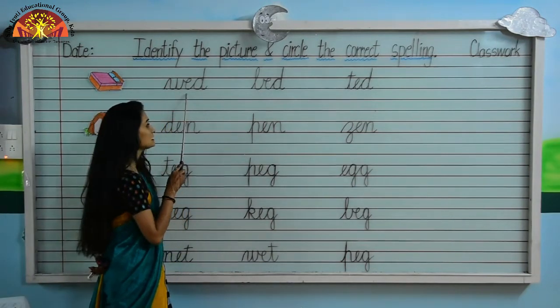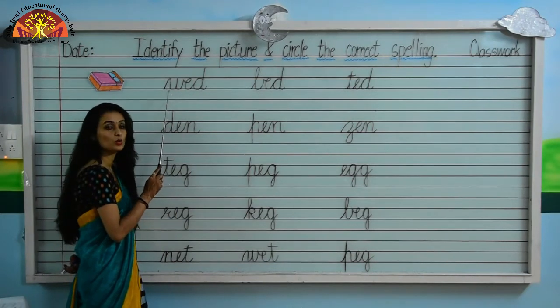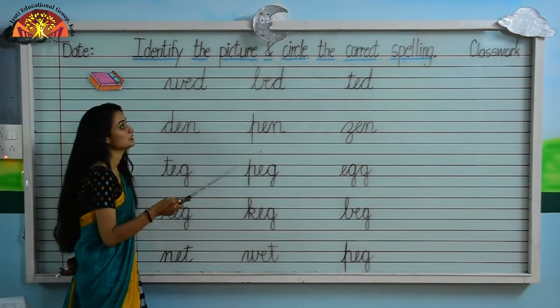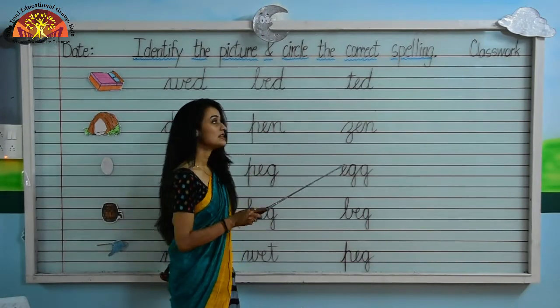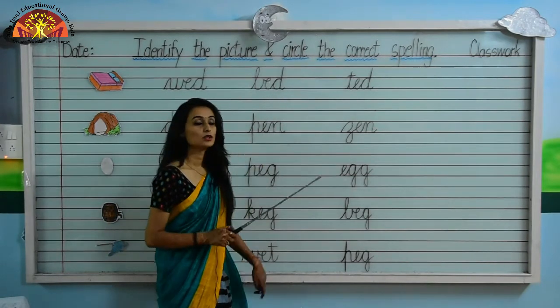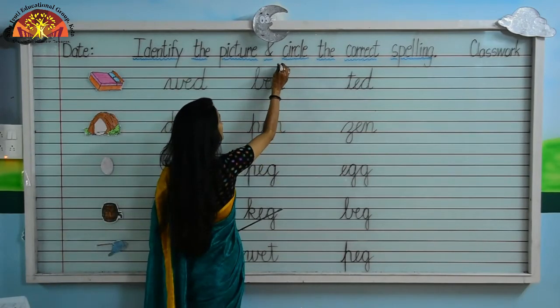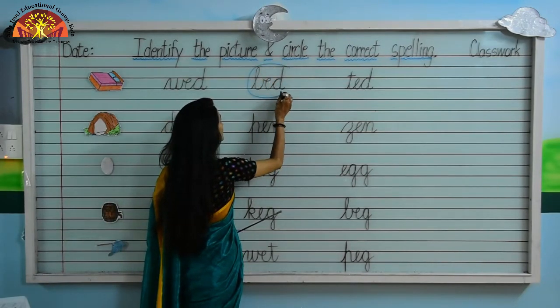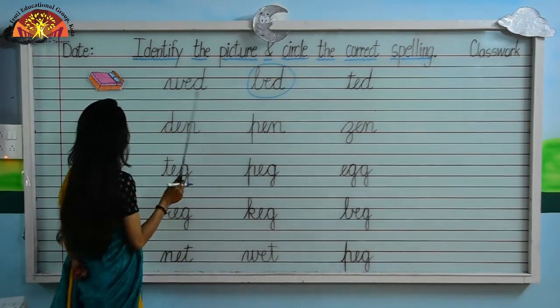Is this the correct spelling of bed? No, this is wed. Is this one? Yes. This is B-E-D, bed. So we will circle the correct spelling like this. Very good, kids.